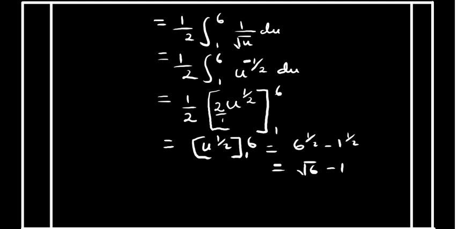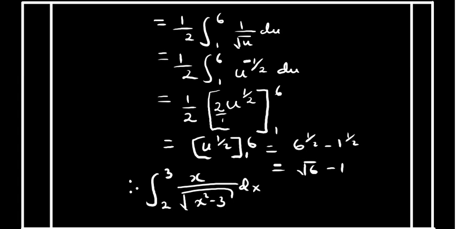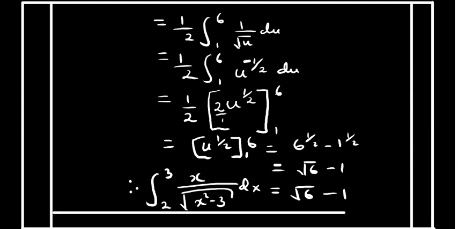So we can now make a conclusion that indeed the integral from 2 to 3 of x out of the square root of x squared minus 3 with respect to x is equal to root 6 minus 1. And that is indeed our answer. So that is it. And this is how easy these questions are.